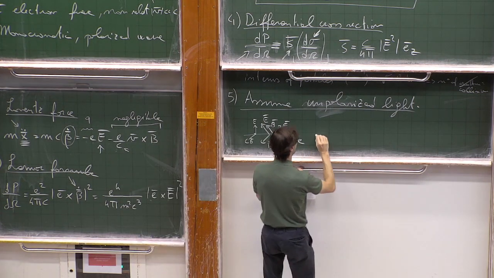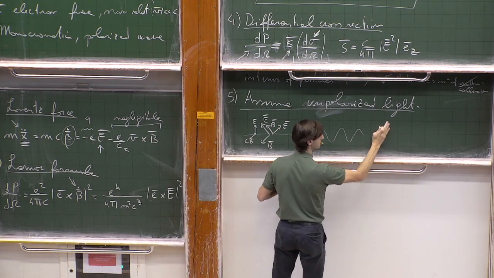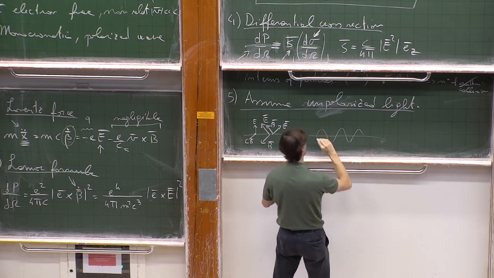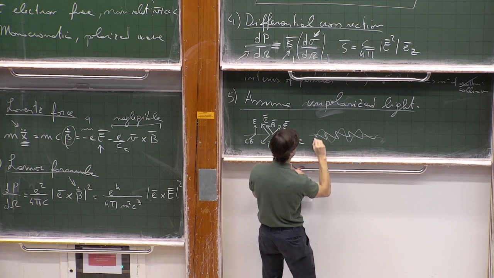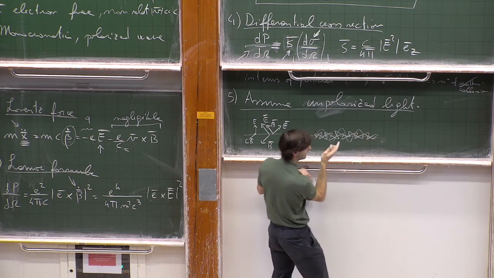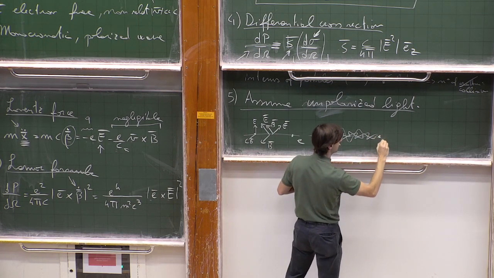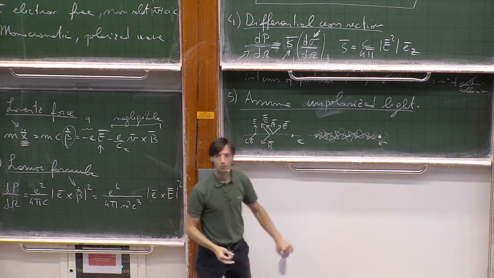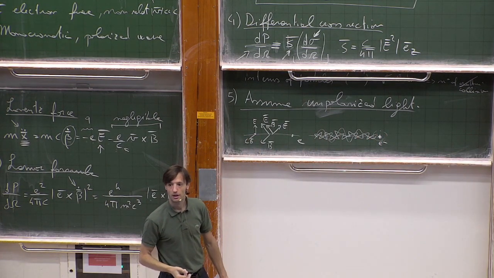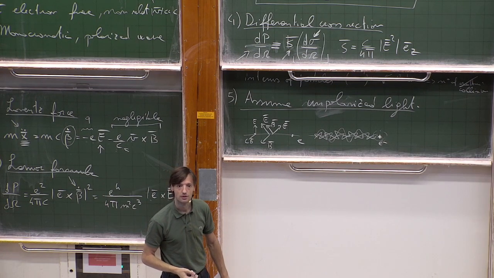So we have one wave which is, let's say, in the plane of the board. We have one plane which is inclined this way, another one inclined in another way, and the electron is experiencing the superposition of all of those electromagnetic waves.